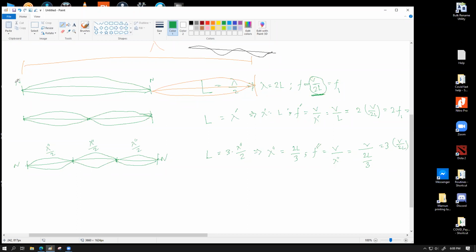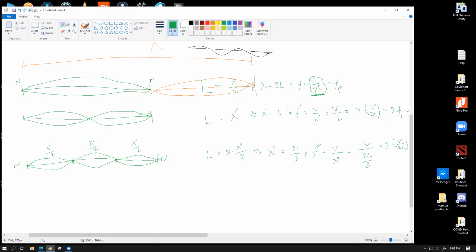So this is what I'm trying to show you over here. If we have a fixed length of wire, we can only produce certain discrete, meaning broken or not continuous, values of frequency with this length of wire.